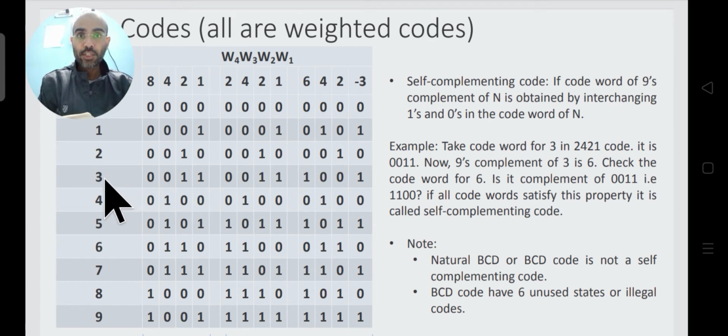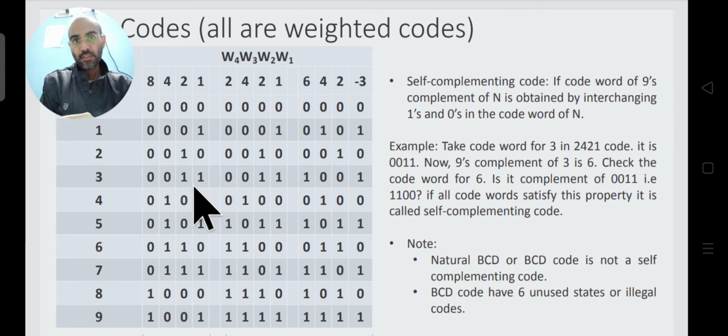The 9's complement of 3 is 6. Now if I replace every 0 with 1 and 1 with 0 in this particular code, do I get 6? If I get 6, then it will be called a self-complementing code. If I don't get this, then it won't be called a self-complementing code.